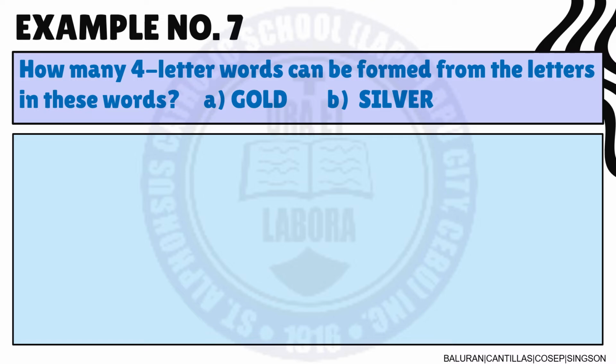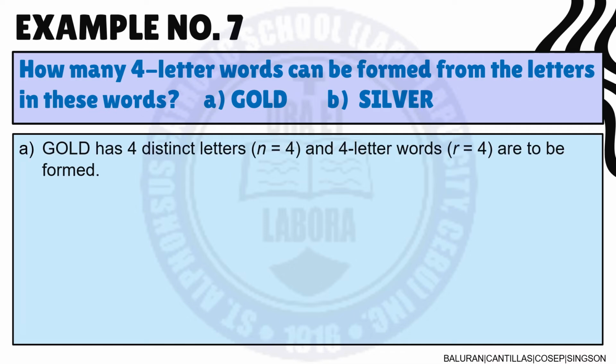How many 4-letter words can be formed from the letters in these words? The first word is gold and the second word is silver. Let us answer first letter A. Gold has 4 distinct letters, so our n here is equal to 4. And 4-letter words are to be formed, so r is equal to 4.